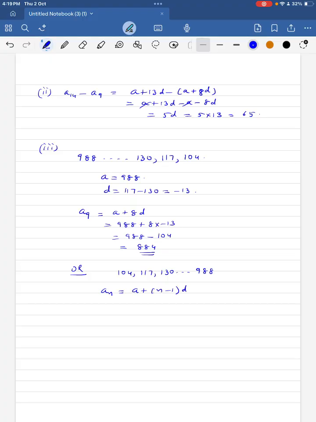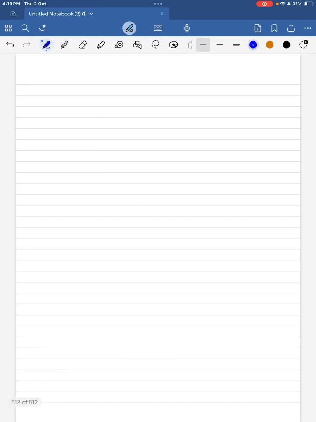An is A plus (n minus 1) into D. Here 988 is equal to 104 plus (n minus 1) times 13. That is 988 minus 104 gives you 884, which equals 13 times (n minus 1). 884 divided by 13 is 68, which is equal to n minus 1, so the value of n is 69. So there will be 69 terms in the AP.